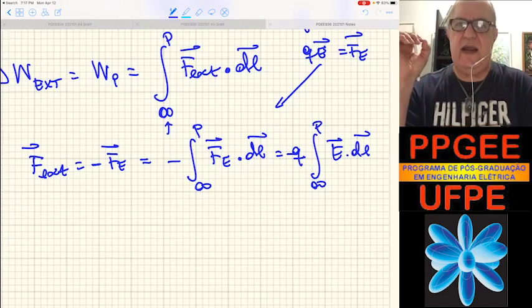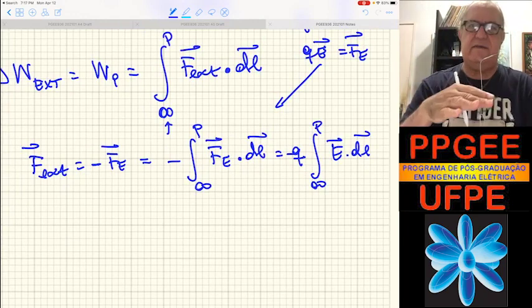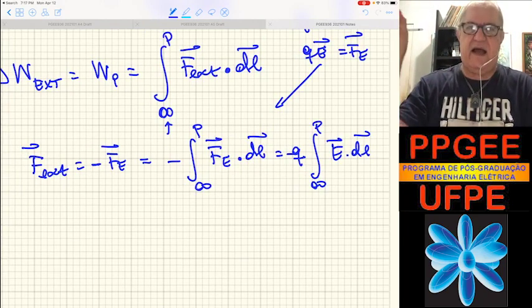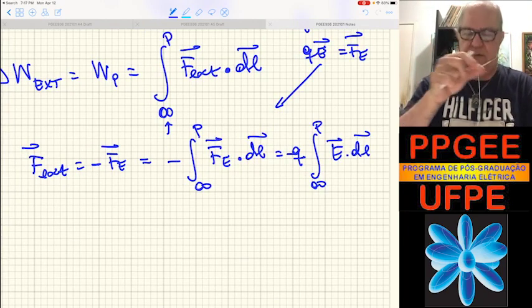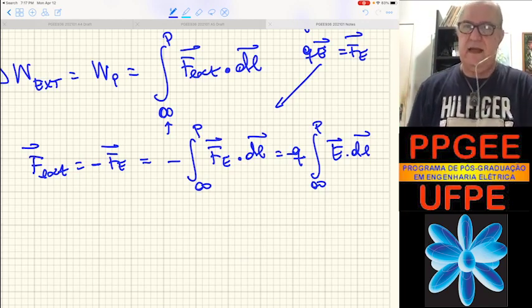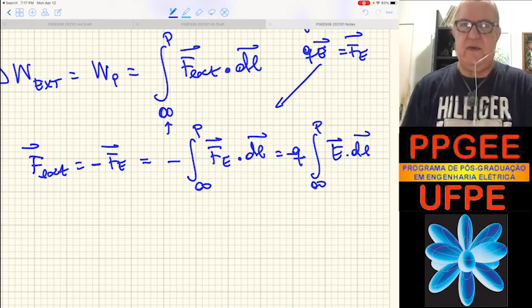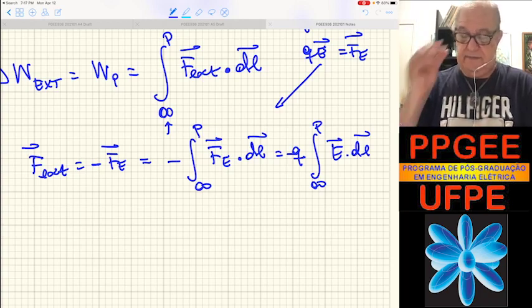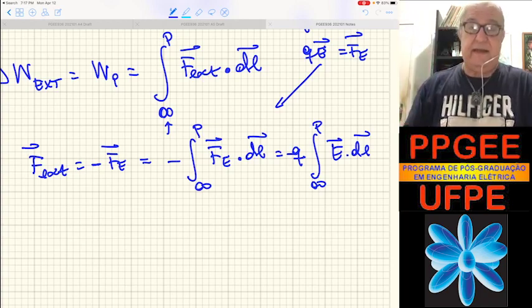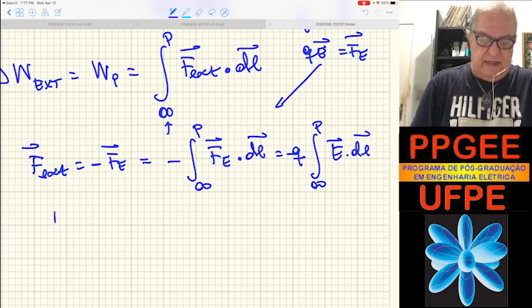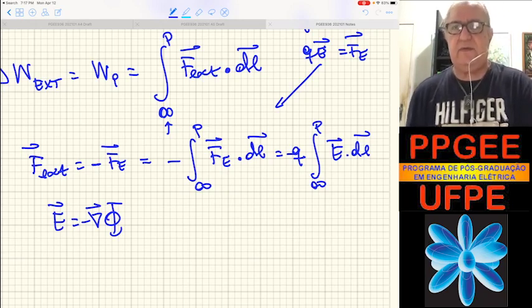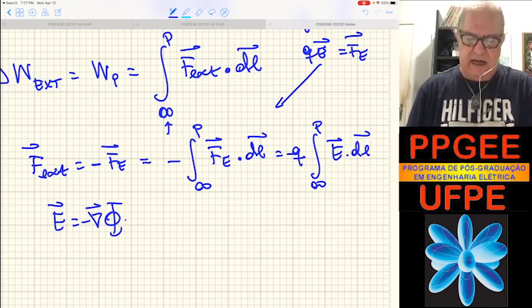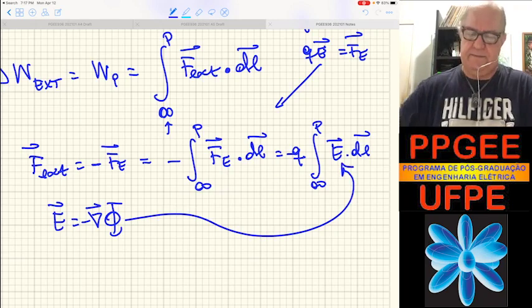I'm just saying through any path, going from a very large distance to the final point P, not specifying the curve that this path comprises. But anyhow, we know that E equals minus the gradient of the potential function. What potential function? Well, the potential function that describes this field E, right?